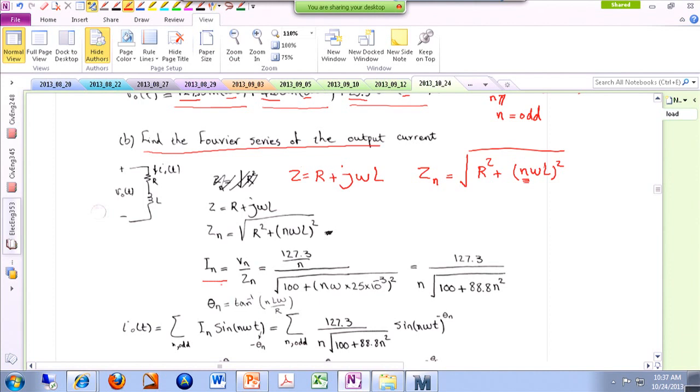For instance, Vn is 127 over n, where n is the number of the harmonic. And Zn is the square root of 100, which is our load resistance, squared, plus n, the order of my harmonic, times omega, which is 2 pi times 60, times L, 25 milli, and the whole thing is squared.